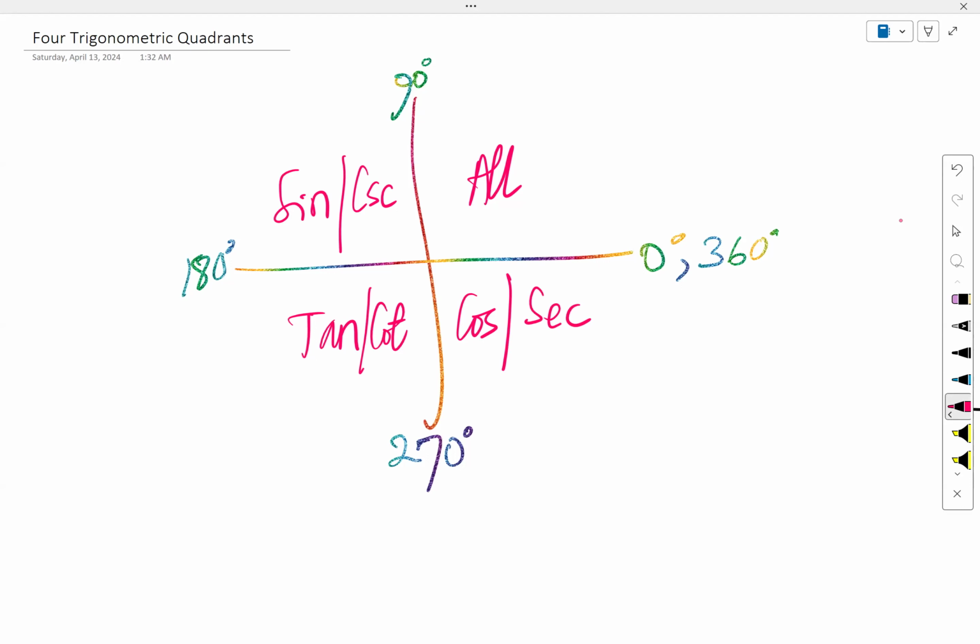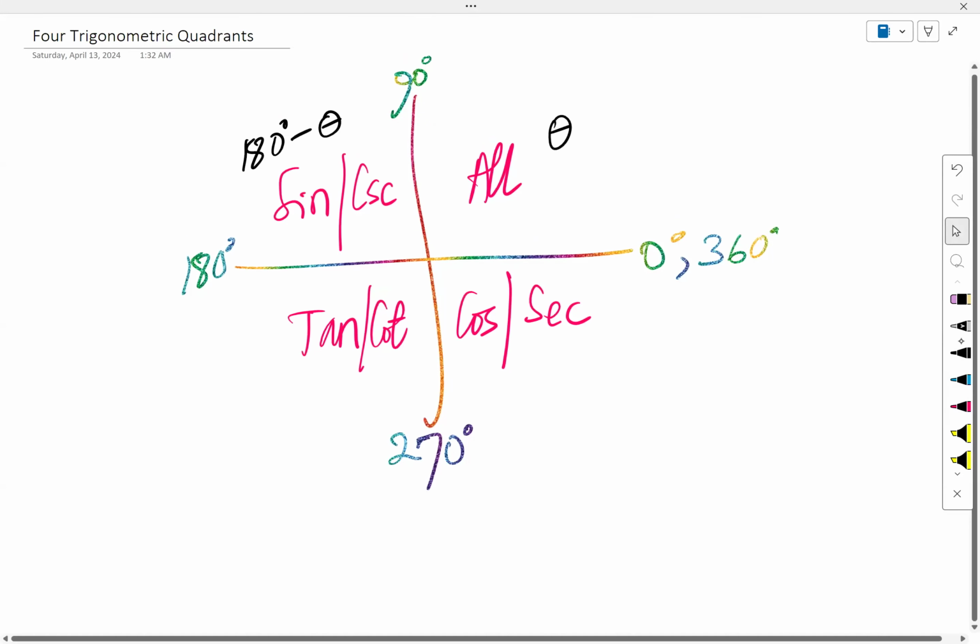So that's extremely important. The other thing you want to know about the quadrants is that if in the first quadrant you have theta, then what corresponds to theta in the second quadrant is going to be 180 degrees minus theta, very important.